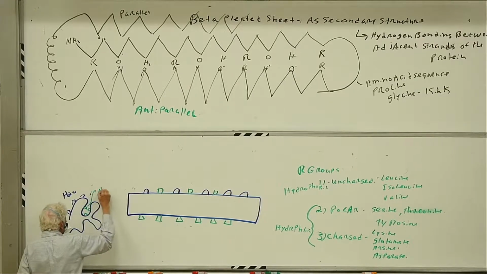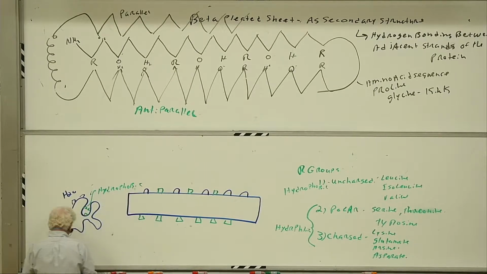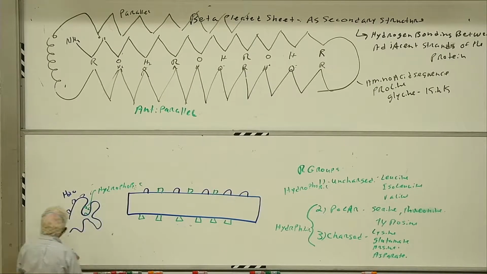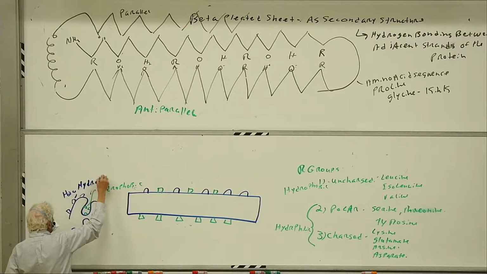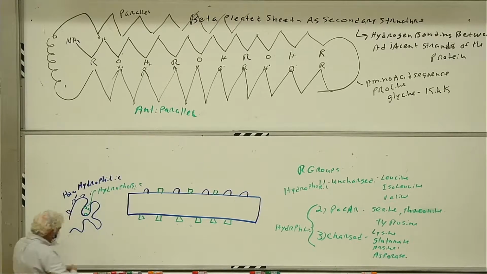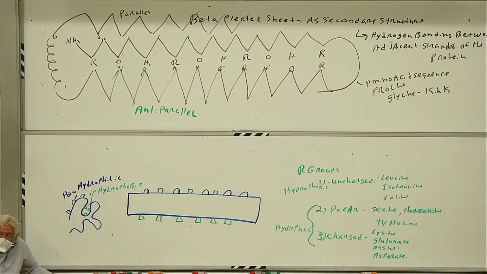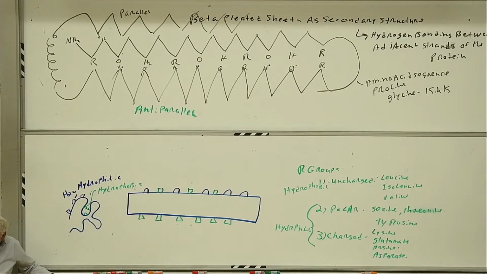So this is hydrophobic. And these blue ones are hydrophilic. Now, having said that, this is a poor representation because it doesn't really show the three-dimensional shape. I'm trying to show this as though it's a squiggle. But this will have proper three-dimensional shape.